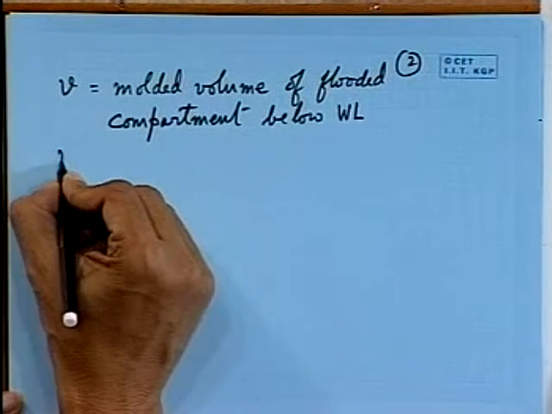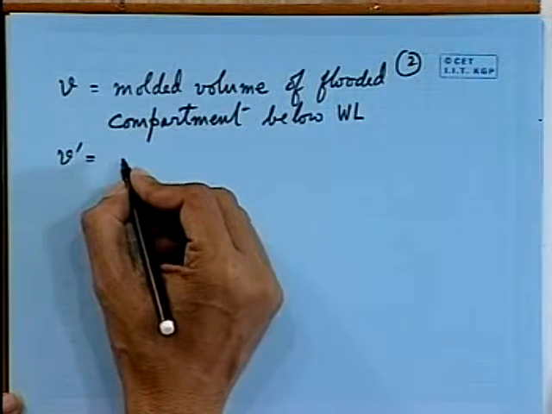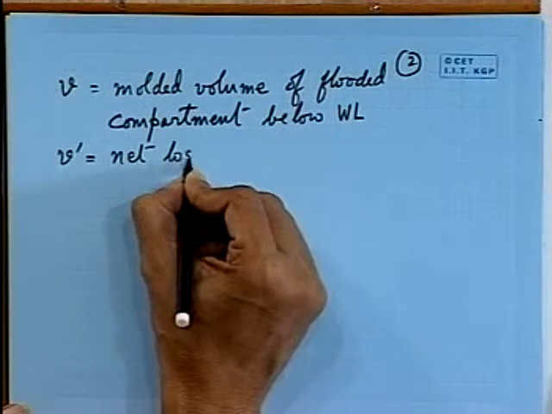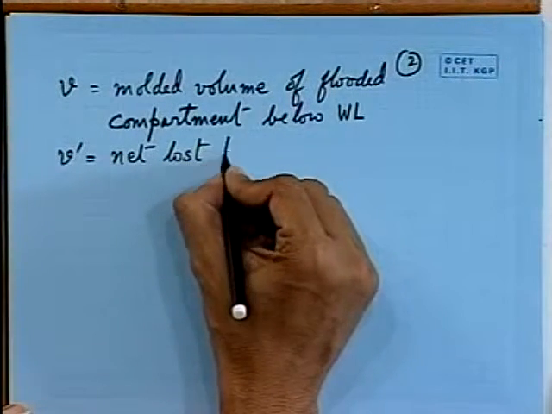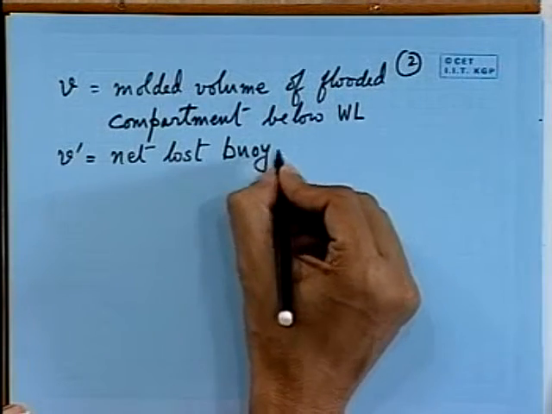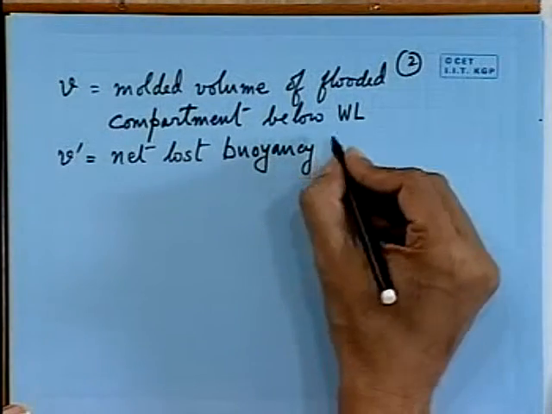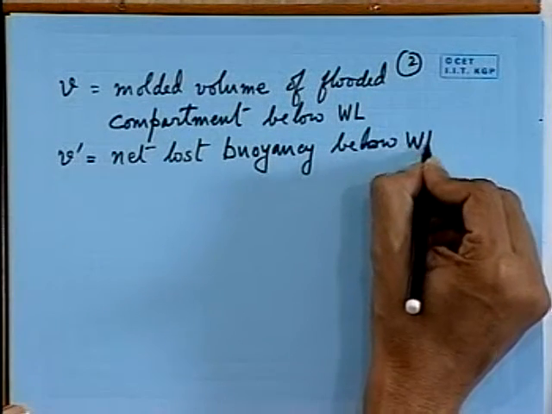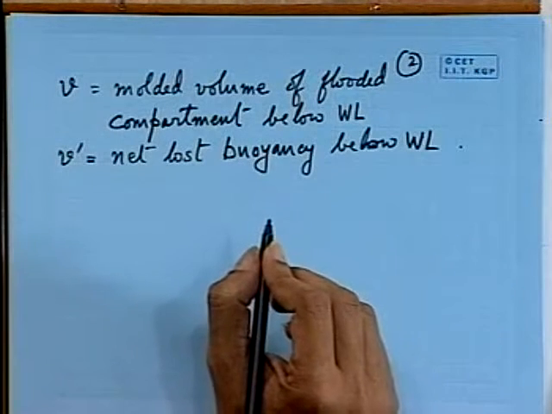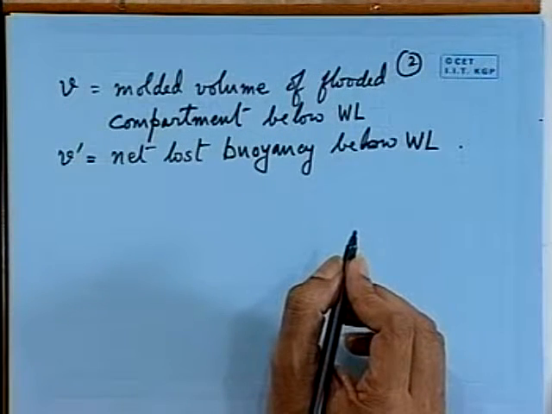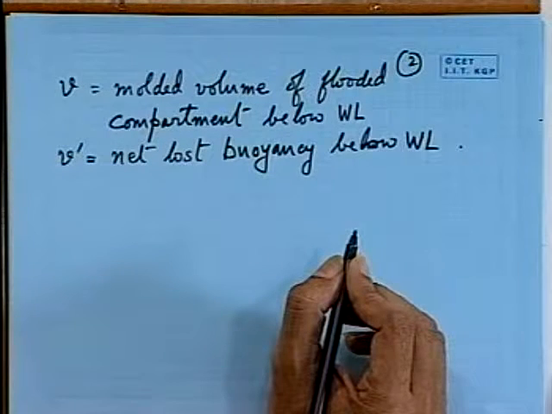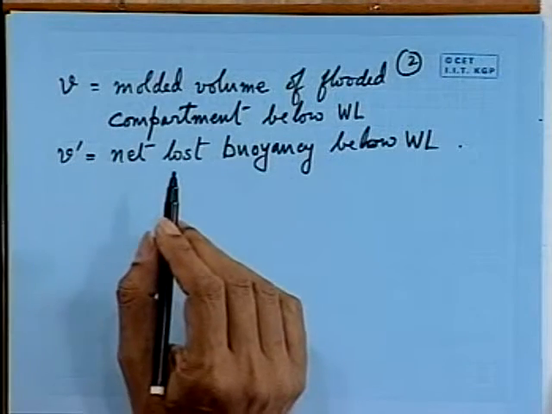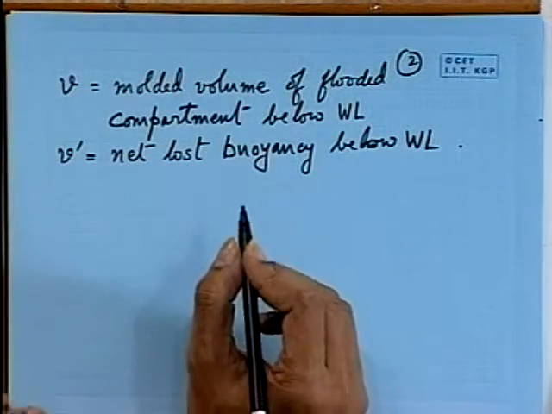Now V prime is the net lost buoyancy below WL. So this V prime has to be calculated from V, and we will do that.